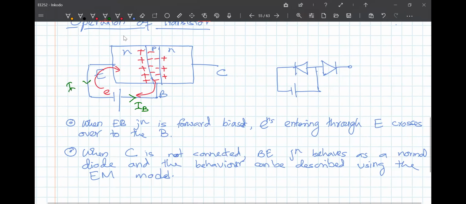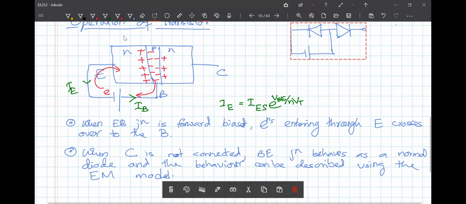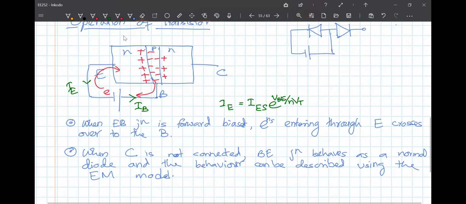So IE equals IES, the reverse saturation emitter current, times e to the VBE divided by N times Vt, minus IES.